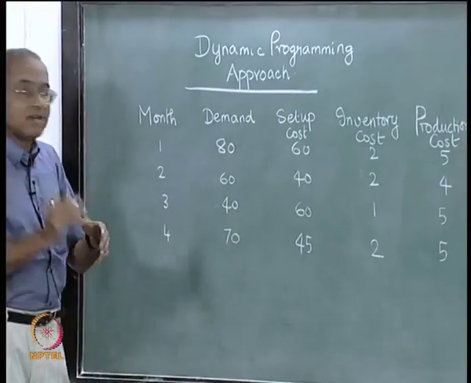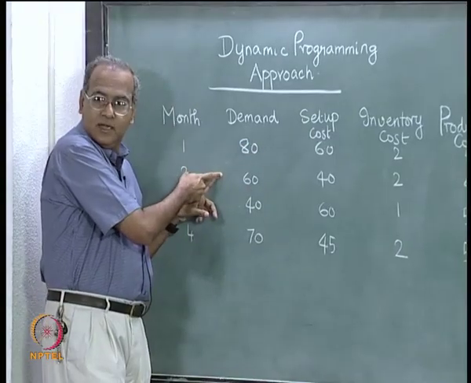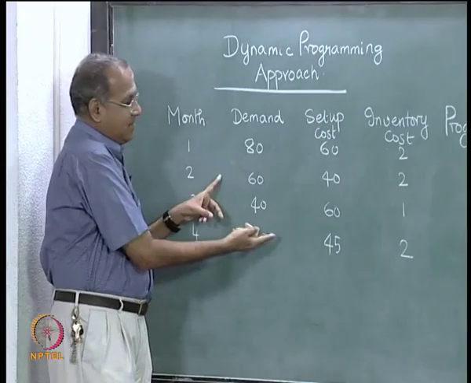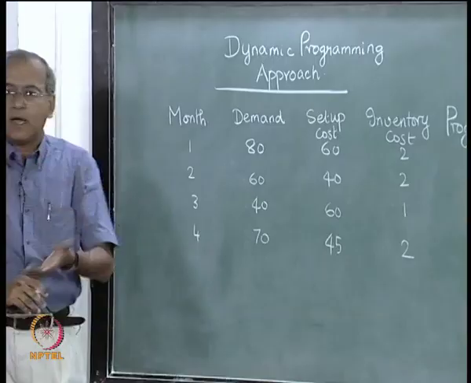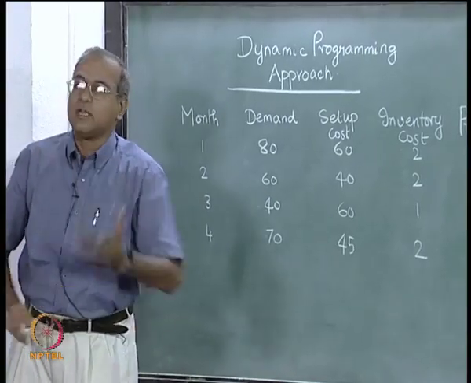Or we could even consider producing 180 here, meet a backlog of 80, meet this month 60, and meet the next month 40 here and a 70 here. So, considering backordering throws open a lot more scenarios than we can think of.